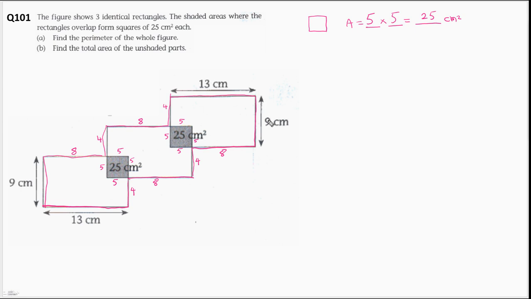So 13 plus 9 plus 8 plus 4 plus 8 plus 4. I think we can just make it a little bit easier because we can see that we've got 8 and 4 here. Okay, this is obviously 12, and we've got groups of these, haven't we? So that's 12. That's going to be another 12, and that's going to be another 12.